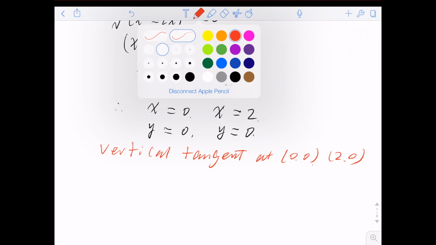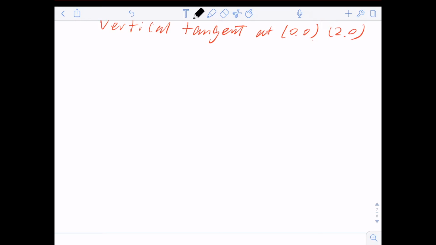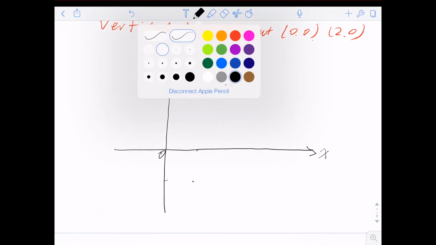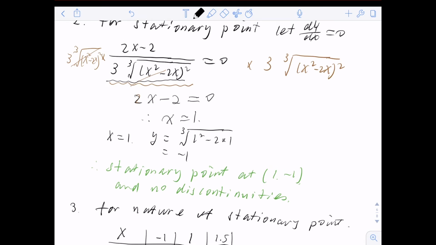Let's start to sketch. Okay, we have enough space. Let's sketch. So I put my number plane here: y-axis, x-axis, 0. The first point I found was (1, -1) as my minimum turning point, which has this point here.